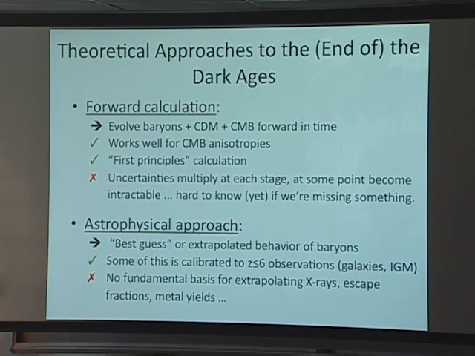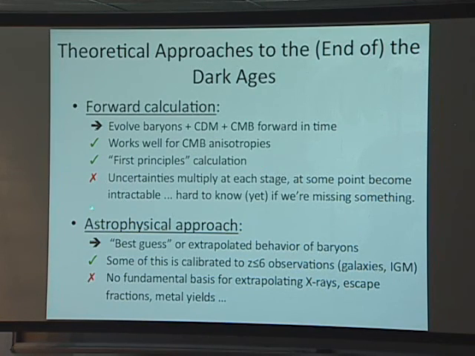One can treat it as a forward calculation problem, a physics problem, where you say, we know something about the initial conditions of the universe: adiabatic CDM plus baryons plus photons and neutrinos. This has actually been a very successful approach for the microwave background anisotropies, because it's just perturbation theory. It's nice. It's a first principles calculation, which to a physicist like me is appealing.